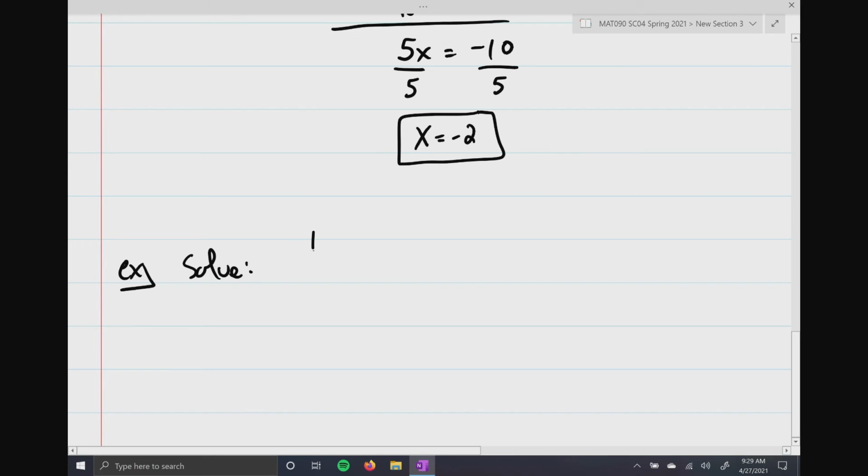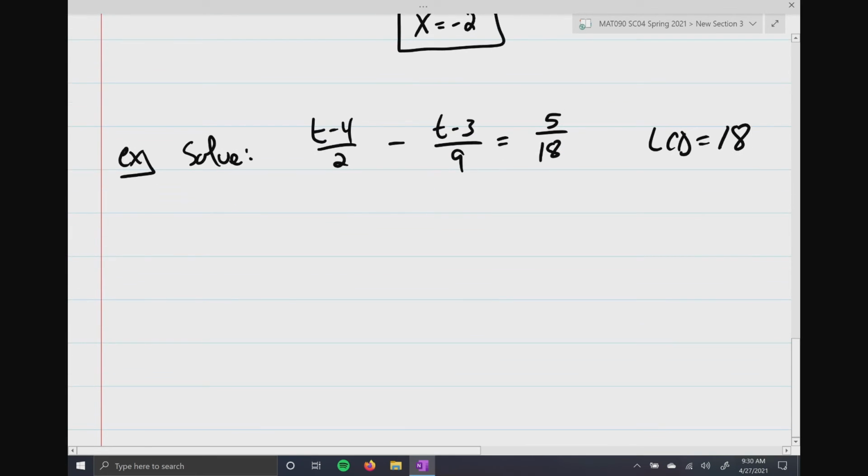We're going to solve t minus 4 over 2 minus t minus 3 over 9 equals 5 over 18. Now here, my LCD is going to be 18. So I'm going to multiply everything by 18.